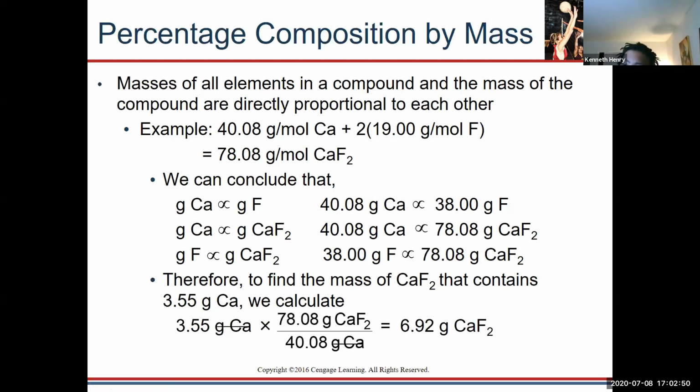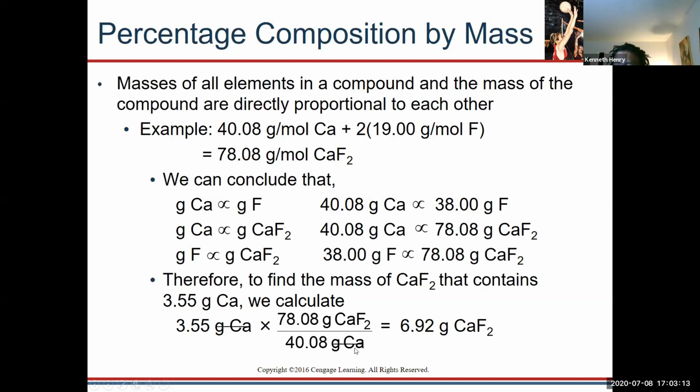Like this, okay? So if we start off with 3.55 grams of calcium, and we want to calculate the mass of calcium fluoride, we can say the total, which is 78.08 grams of calcium fluoride, divided by the amount of calcium that we have in there.